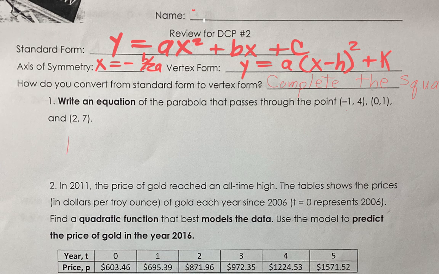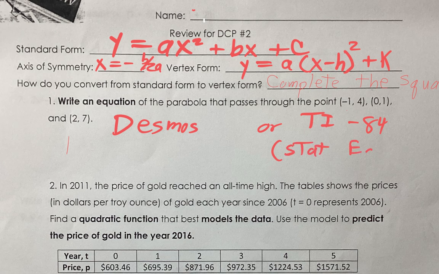So I'll just write in here Desmos or TI 84, and I'm going to put in parentheses stat edit. Okay? So if they give you some points, use one of those options.